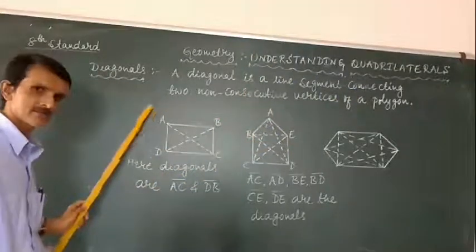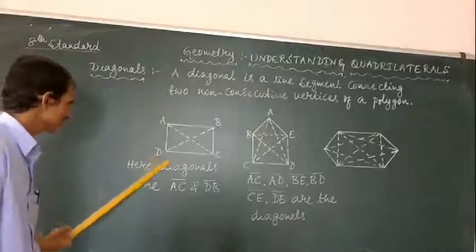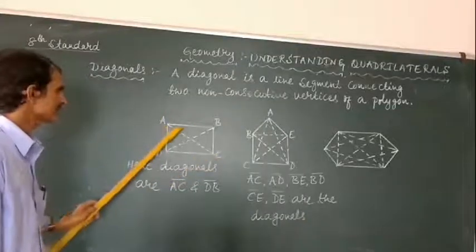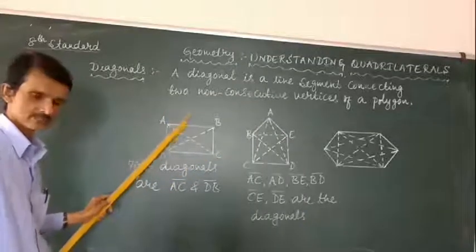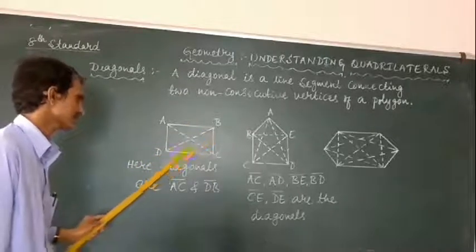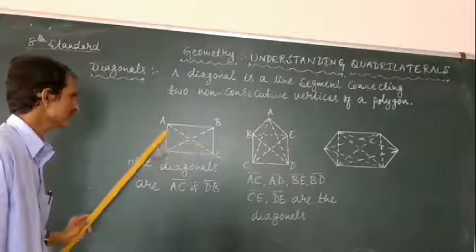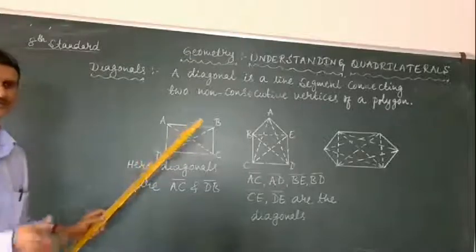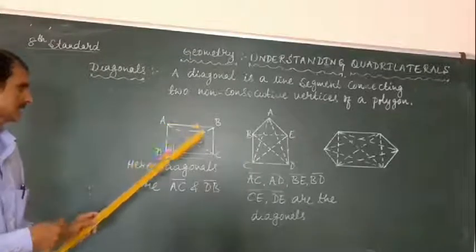For example, observe this plane figure, a polygon which contains 4 sides: 1, 2, 3, 4. That means it is a quadrilateral.